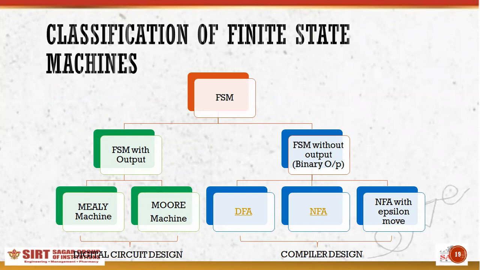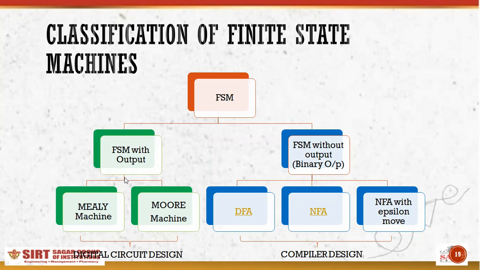By without output, we mean that it gives a binary output on its output side, that is 0 or 1, true or false, valid or invalid. That means we are just checking the validity of a string. Now, if I talk about finite state machine with output, these machines are used to compute a function or to make some computation.